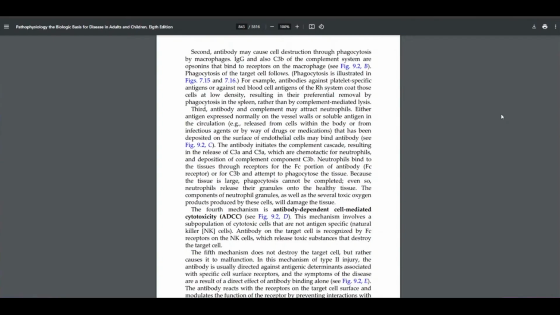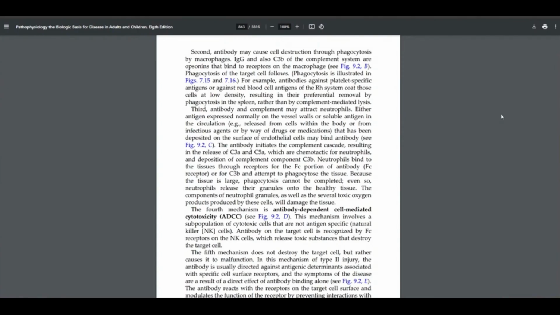For example, antibodies against platelet-specific antigens or against red blood cell antigens of the Rh system coat those cells at low density, resulting in their preferential removal by phagocytosis in the spleen, rather than by complement-mediated lysis. Third, antibody and complement may attract neutrophils.